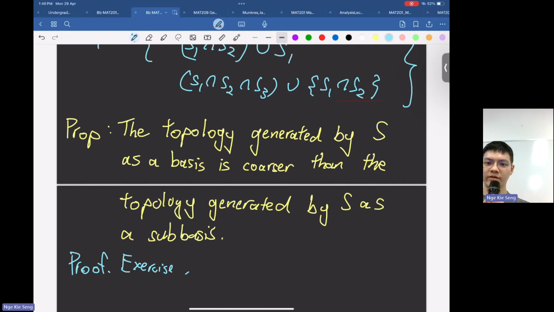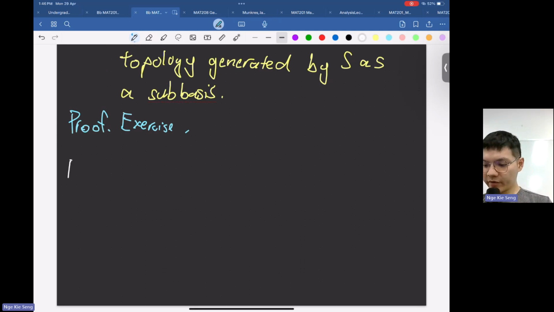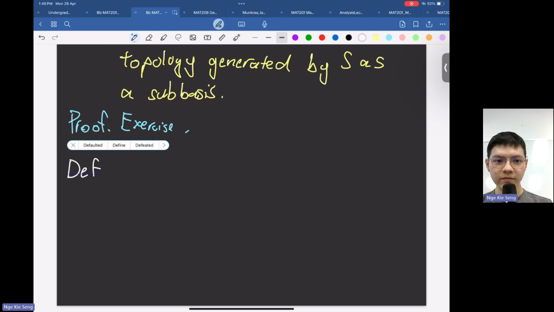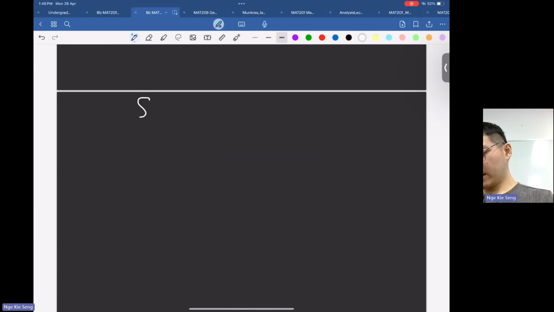Okay, so far any question up to here about the basis and the coarser, finer definitions? If not, we introduce another definition before we jump into the closed set definition. So we'll define what a subspace topology is.